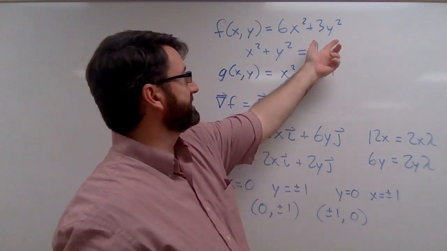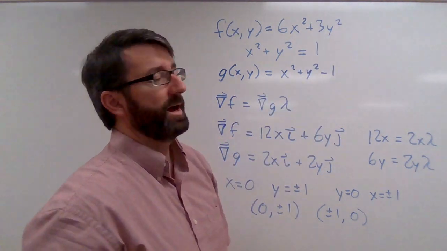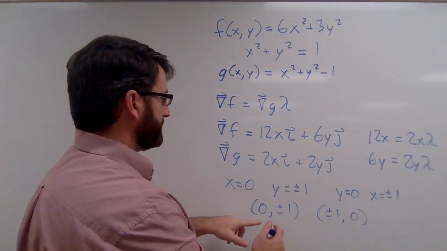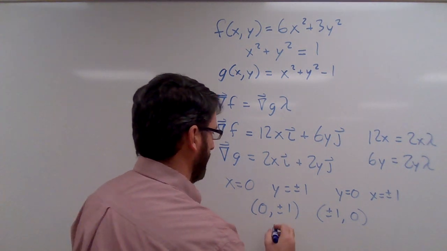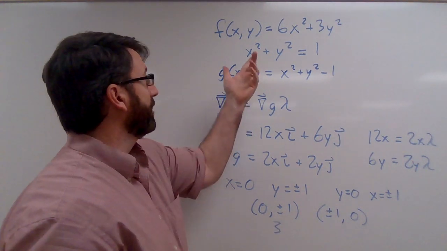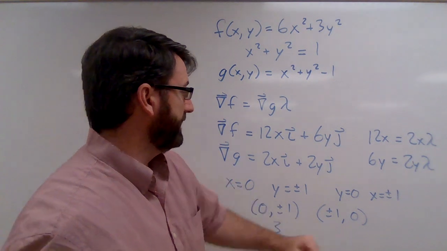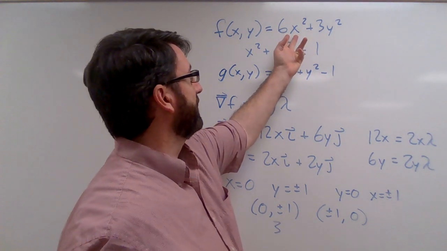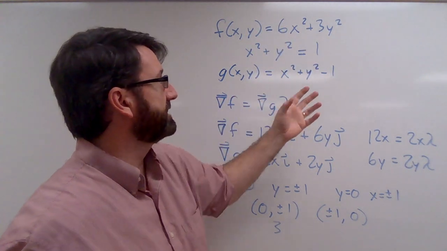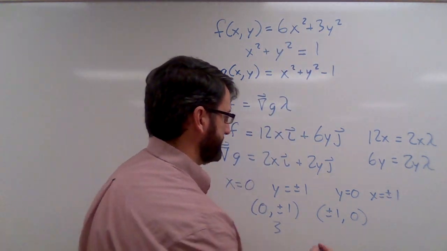And notice that same thing is going to happen if we plug in negative 1 for y, because negative 1 squared is also 1. So for either of these points, we're going to get a value of 3 for f of x, y. And over here, if we plug in 1 or negative 1 for x, that squared is going to be 1 times 6 plus 0 is going to be 6.